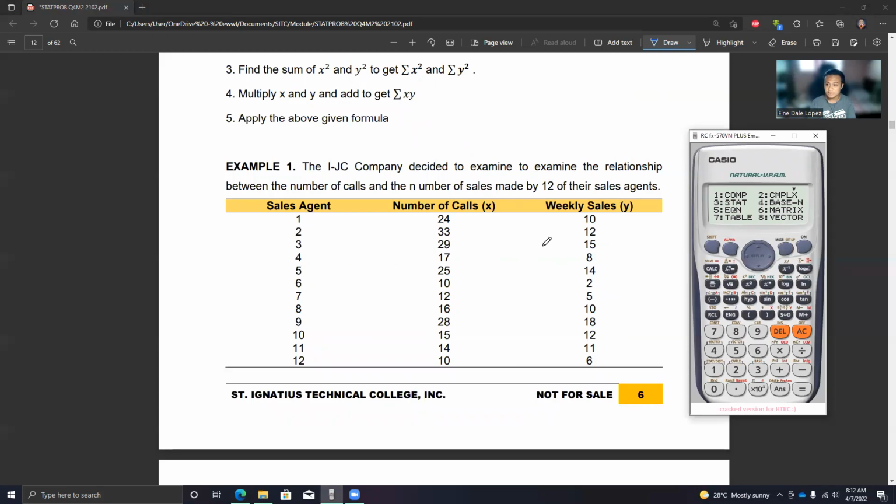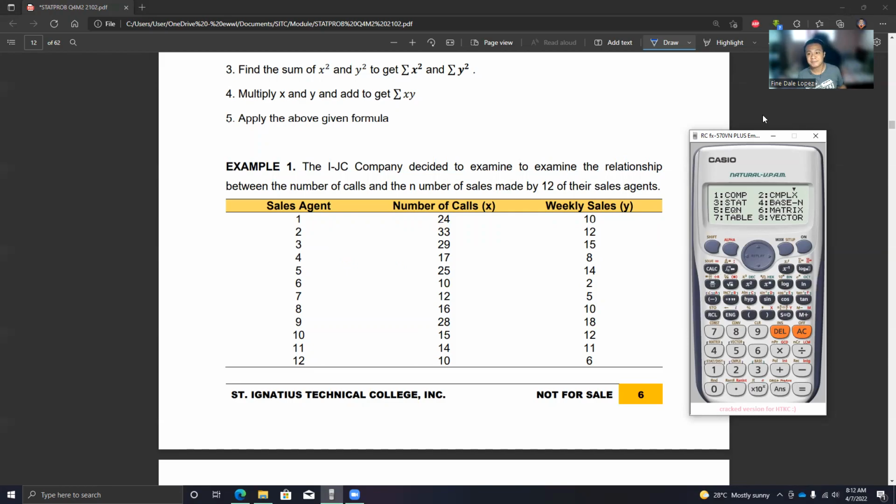Kini siya, IG sa company. So unsa man atong gina-expect ani? So we have sales agents, and we have the weekly sales as Y. Atong gina-expect nga kung magkadaghan ang number of calls niya. Example, ang mga sales agent sa mga sakyanan. Because I have a kuya nga agent sa sakyanan before. Okay? Shout out to Kuya Kit.